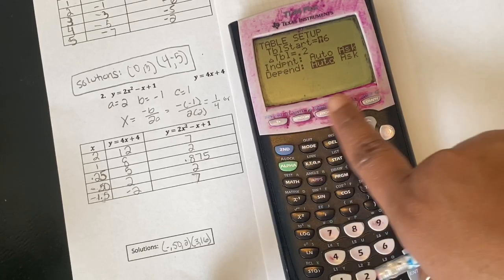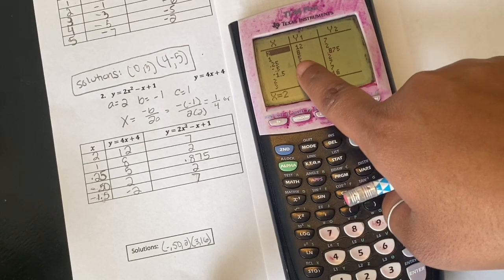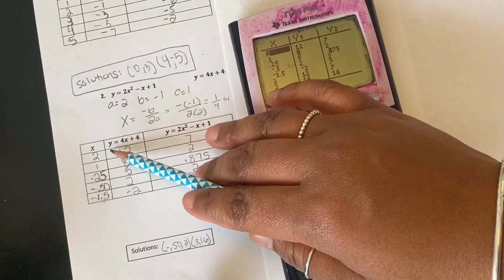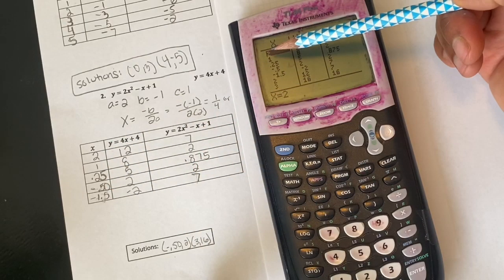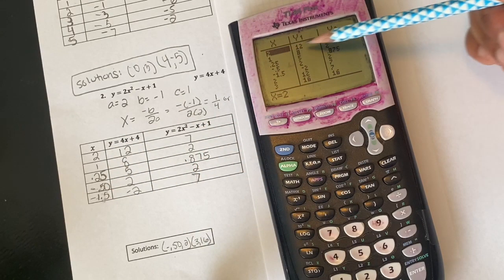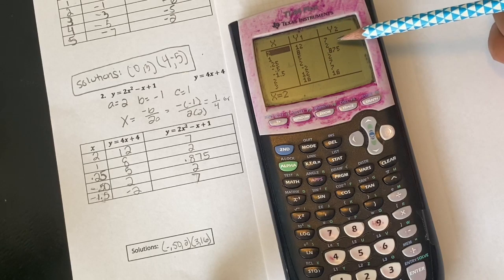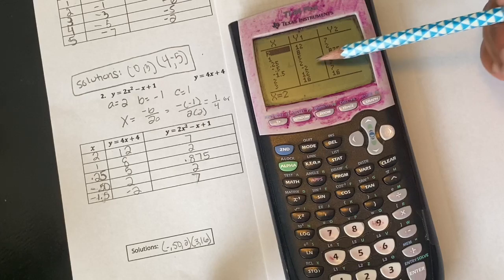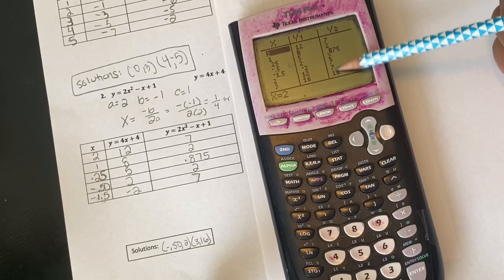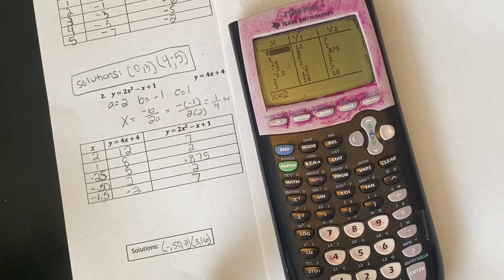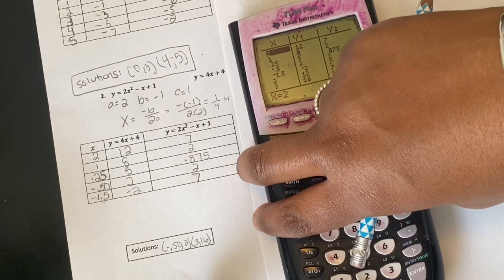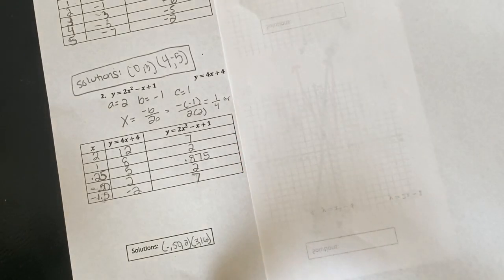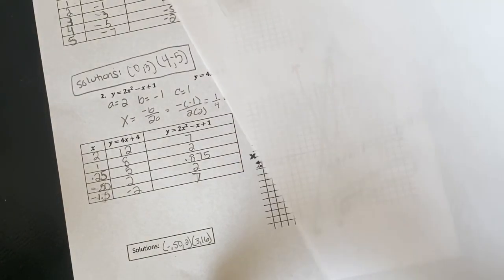Then you go to second graph, which will give you the table. We chose these x values, therefore I plugged in those x values in the calculator and it gave me out my y values for both of my functions, my equations. This is linear, this is quadratic. Okay. All right, once you have those points, then you graph them.